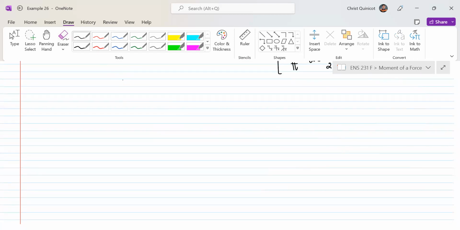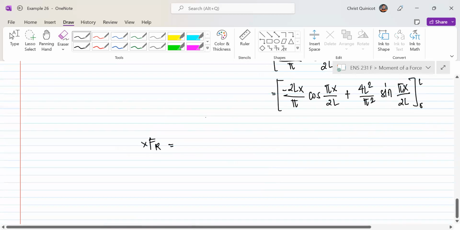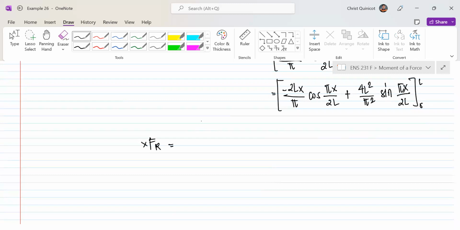Okay. So that is x f sub r is equal to, now it is quite tricky if we integrate by parts, so we will exchange them: 4L squared over pi squared sine pi x over 2L.